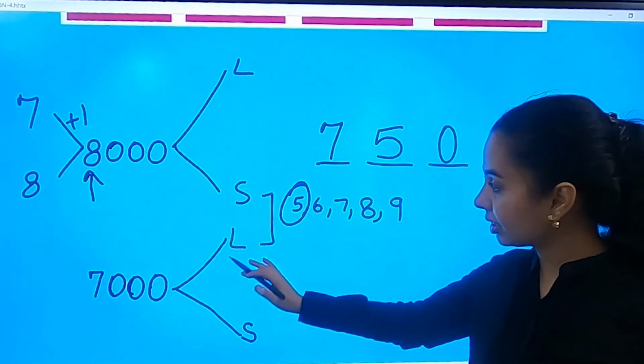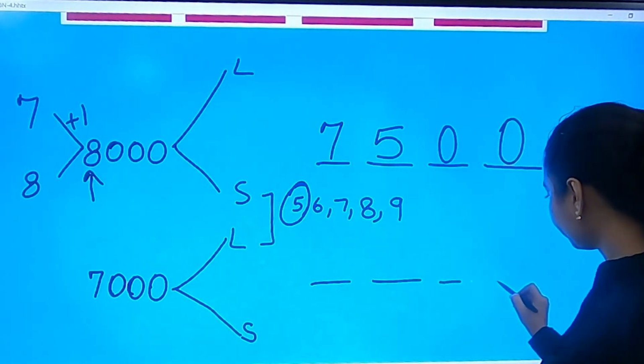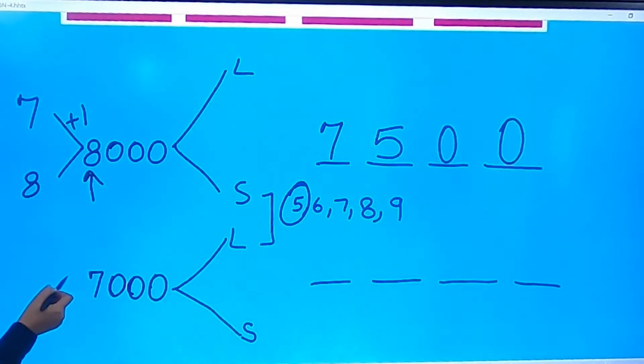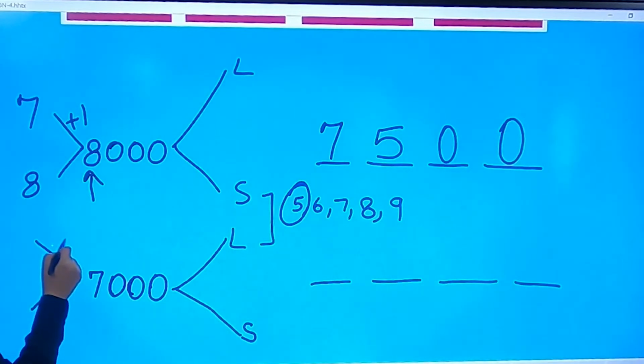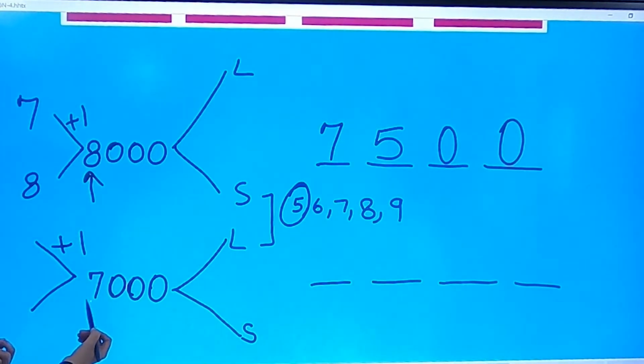Here, when I am making the largest possible number for 7,000, again I will have two options. Either 1 was added to the original number, that is the reason it became 7, or nothing was done to it. The original digit remained the same, because this is our focus digit.